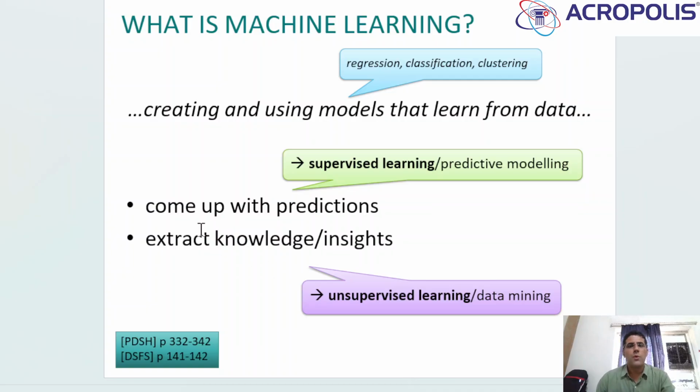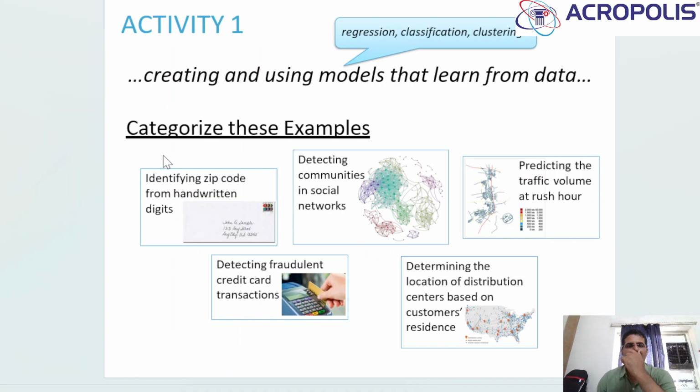With supervised learning, we come up with predictions. With unsupervised learning, we try to find insights or extract knowledge, which is much more related to data mining, whereas supervised learning focuses on predictive modeling.